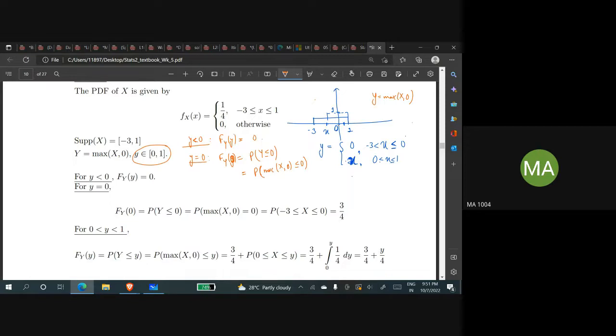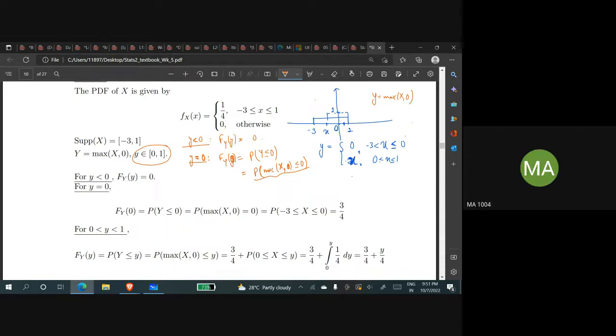So now, if I'm looking for the CDF at the point y equal to 0, at this point you are getting the probability that the maximum of x, 0 is less than or equal to 0, right? And if y is 0, so the maximum of x, 0 is 0 itself.